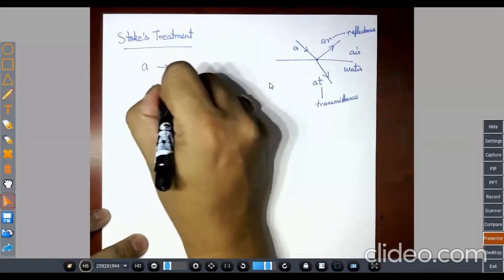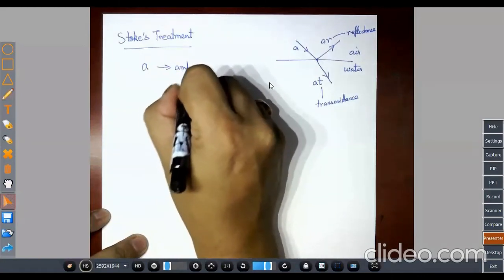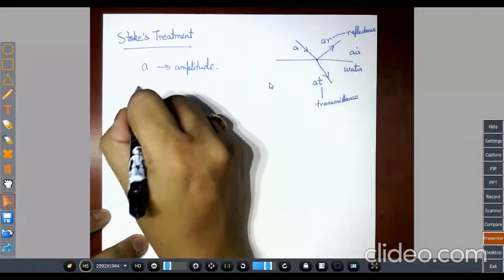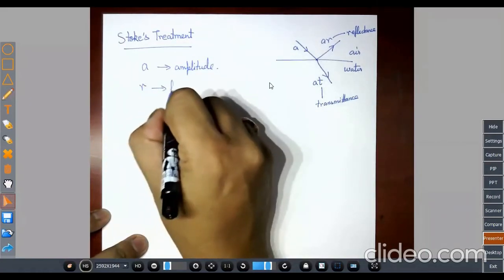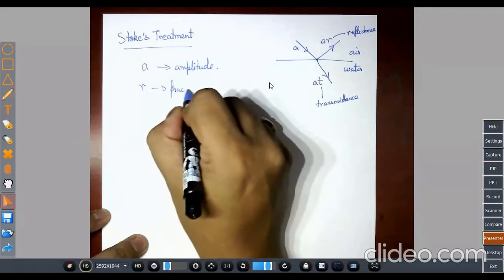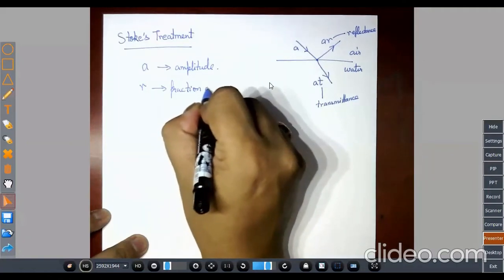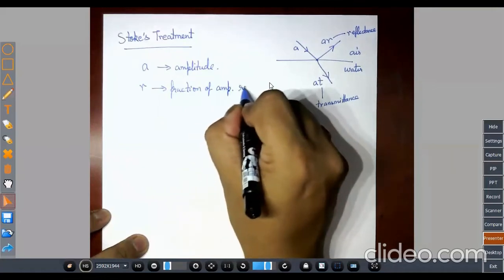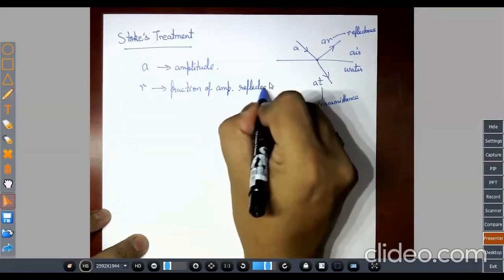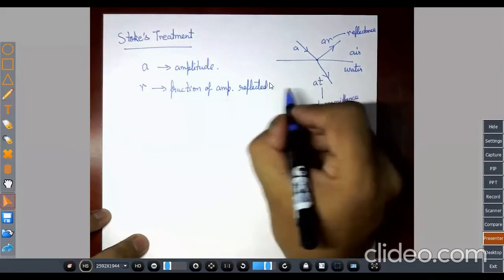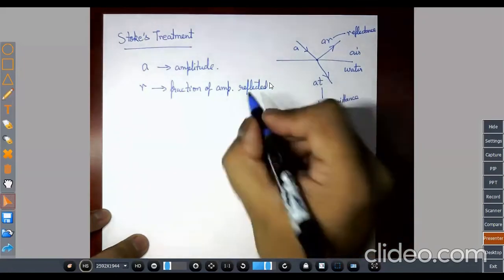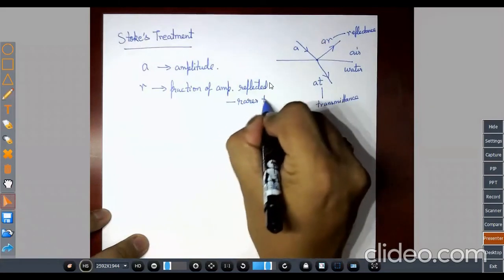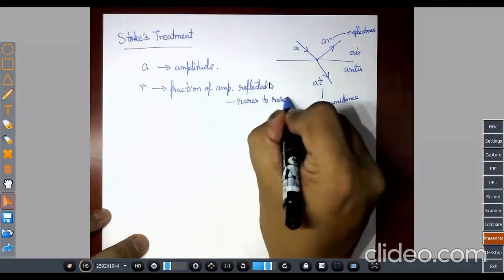So A is the amplitude, r is the fraction of amplitude reflected, and this is from rarer to rarer medium.